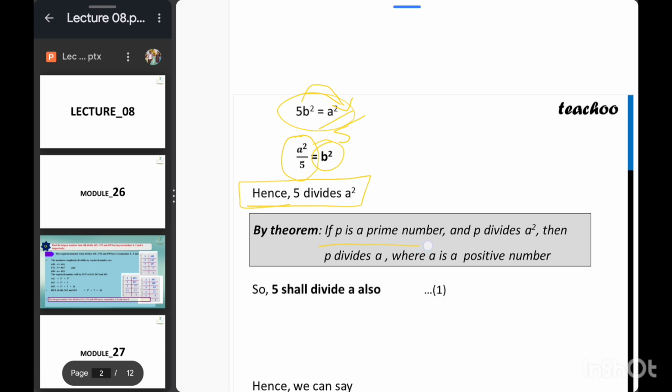By the theorem, if p is a prime number and p divides a squared, then p divides a, where a is a positive number. By this theorem we can tell that 5 divides a also.